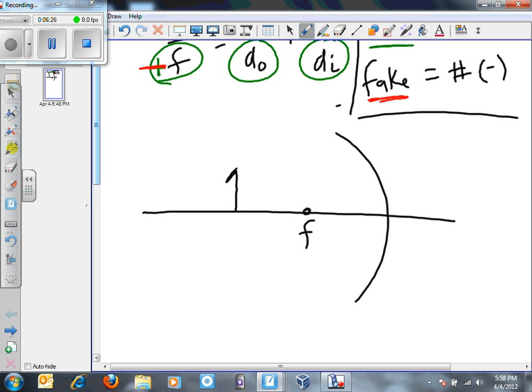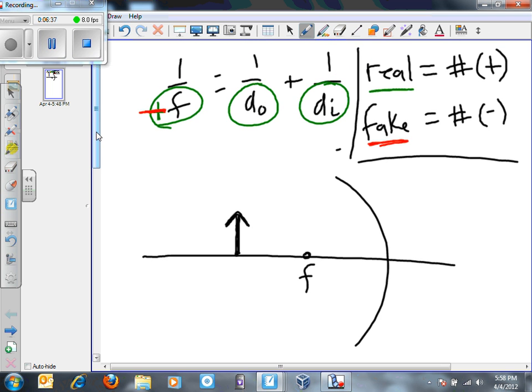If this is where the object is, that's going to be shining its reflected light into the mirror. For our purposes, the object is always positive. So this distance number that the object is away from the mirror will always be positive in all of our ray tracings.